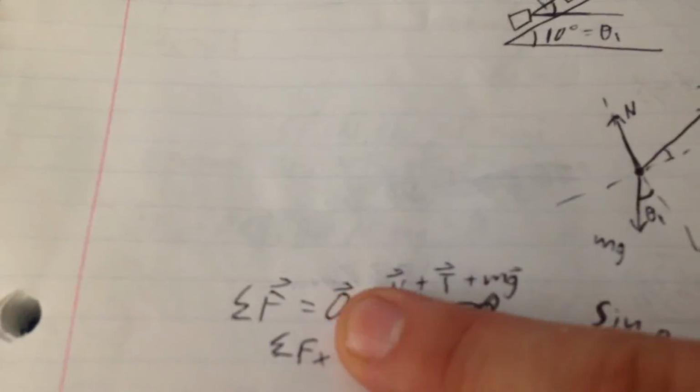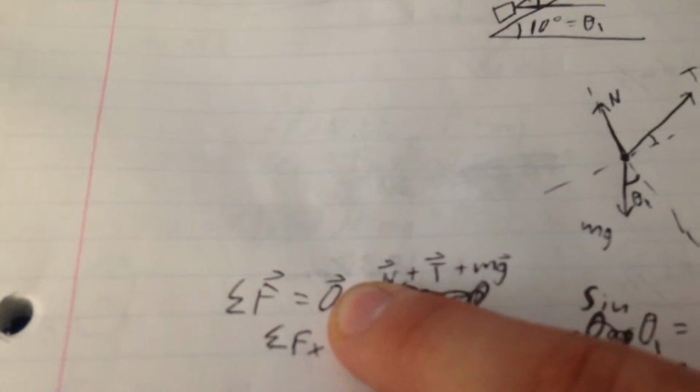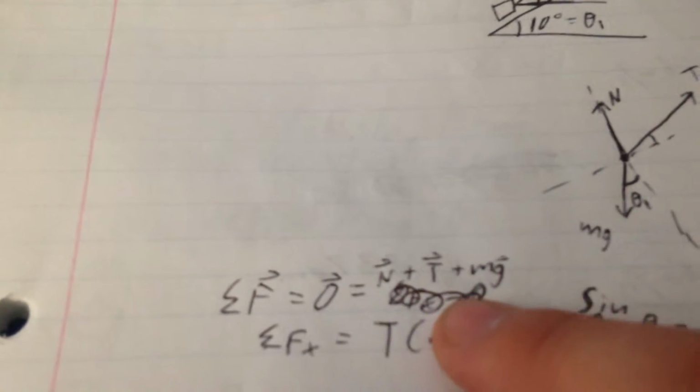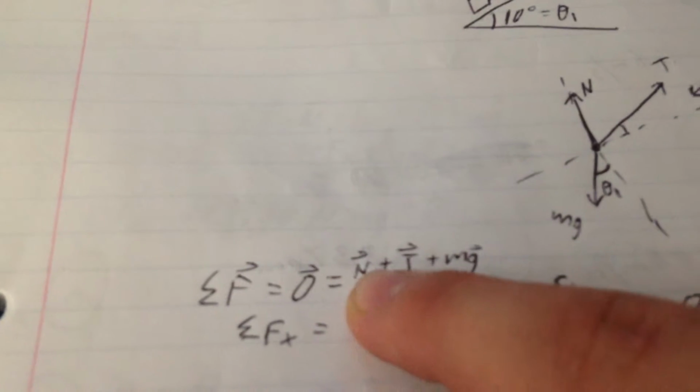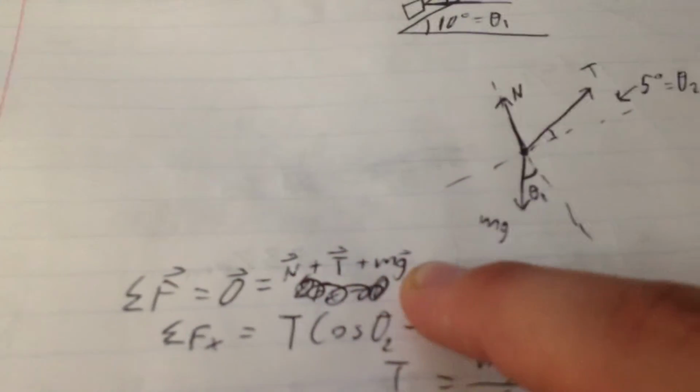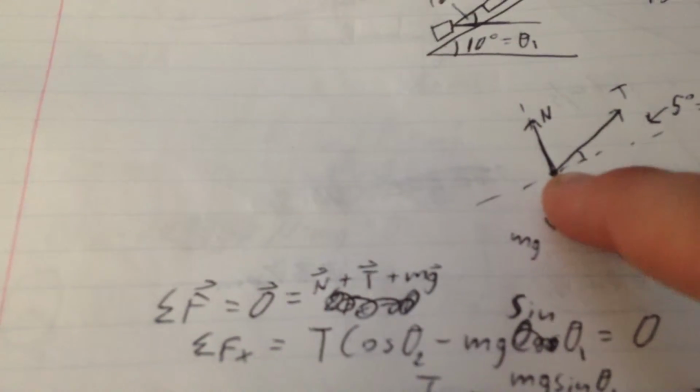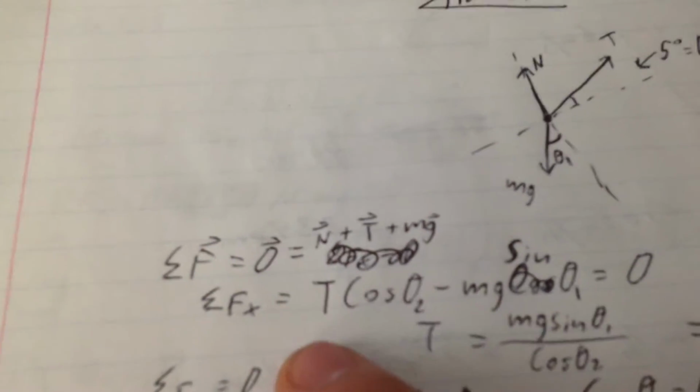And to start off, we know that the sum of the forces is equal to 0 because there's no acceleration. Sum of the forces is the normal force plus the tension force plus the mass times gravity, because it's the three forces we have acting on it.